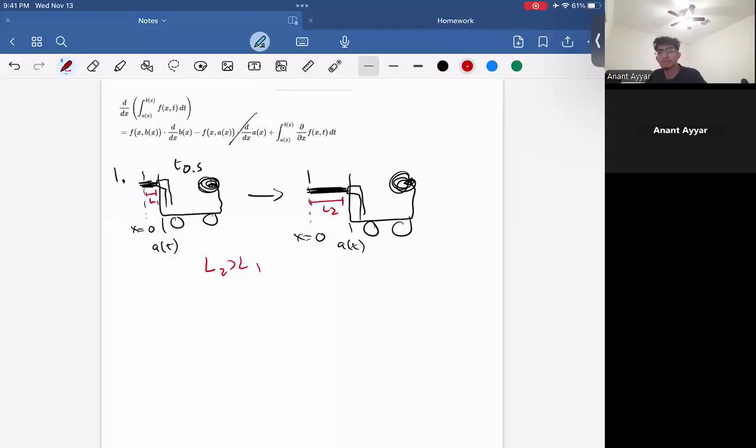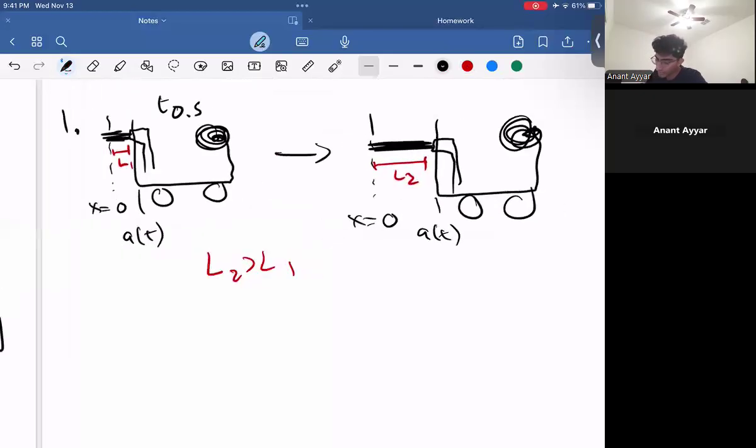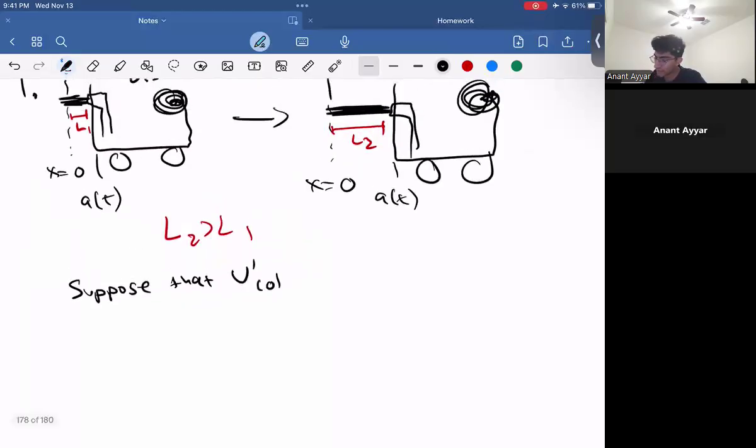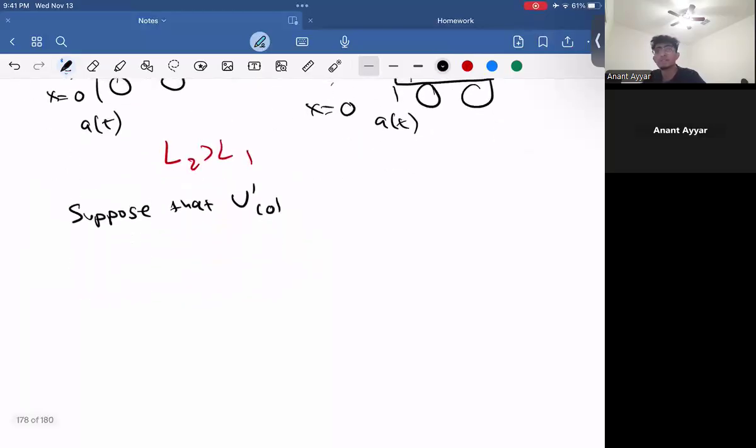So let's just suppose, and this will help make sense of why our integral is the way it is, let's suppose that v prime of the column, because that's what we're looking at, this column of water, was constant. How would our integral look? How would our momentum look?